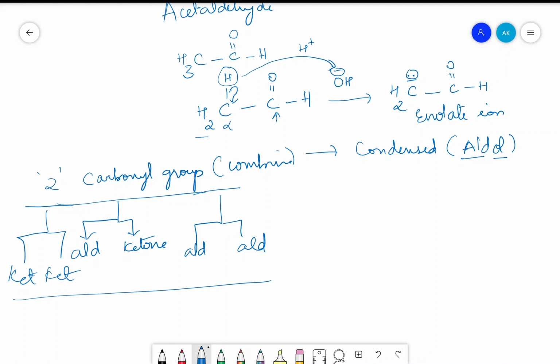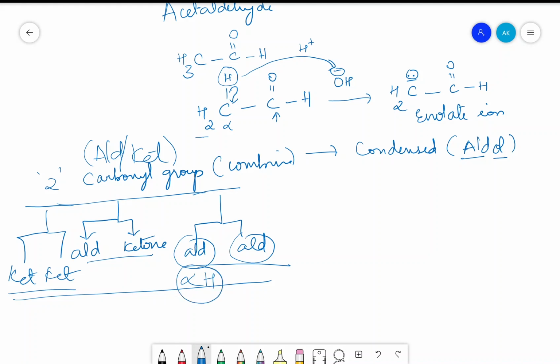In condensation reaction, we are going to combine two carbonyl groups. What are the examples of carbonyl group? It can be aldehyde or it can be ketone. And the scenarios we can have: it can be aldehyde and ketone, aldehyde and aldehyde, or two ketones. The least requirement is that in these two aldehydes, either one should contain alpha hydrogen.